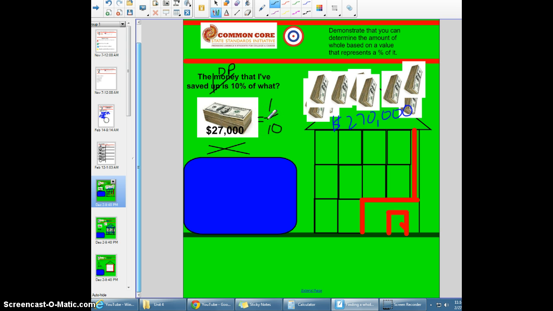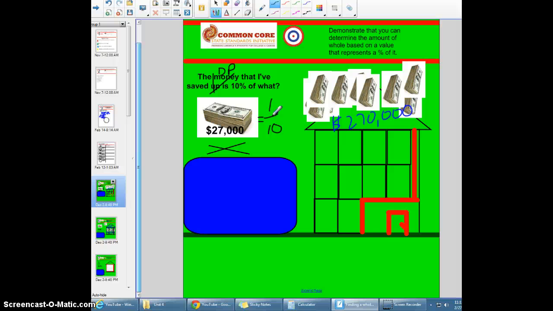So what is 100%? If $27,000 is 1/10, then what is 10/10? This is what I'm trying to get you to understand in class, boys and girls: by asking questions, you can slowly start walking toward a correct solution. It doesn't mean me showing you a strategy explicitly right away. It's you solving and taking ownership of this.